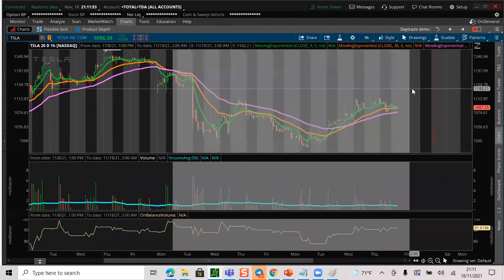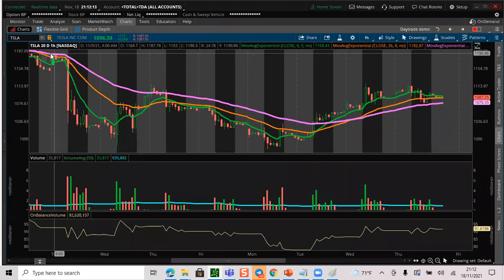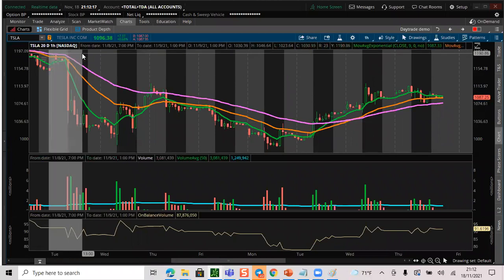That morning itself, right here, around 9 o'clock, there is a huge volume. So the stock fell badly from 1174 to 1030. On an hourly candle, there is a huge sell-off that happened. Do you know why? Because I think somebody, an institution, who already had the Tesla stock, sold it for a profit. So you need to understand these price points.